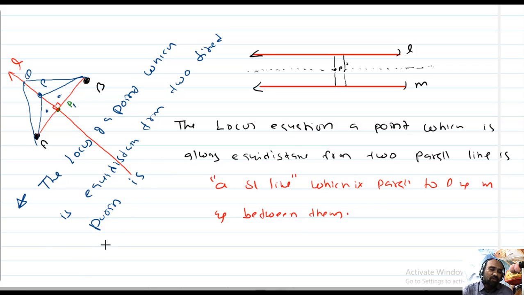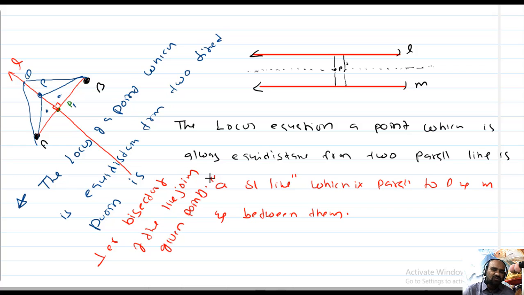The locus is the perpendicular bisector of the line joining the given points. Okay, what is the meaning of that? If two points are given, what is the locus of a point which is equidistant from these two points? It means you need to join those two. You need to draw the perpendicular bisector. Every point on the perpendicular bisector satisfies the condition, and no other point will satisfy the condition. That's why the locus is nothing but the perpendicular bisector of the line segment joining those two points.